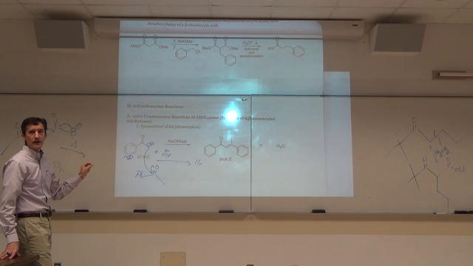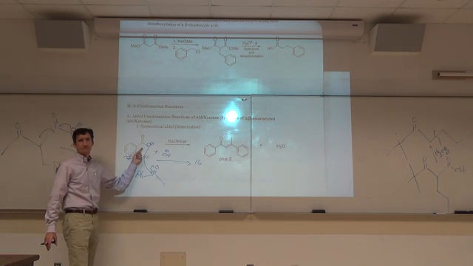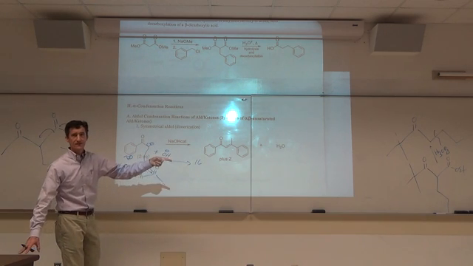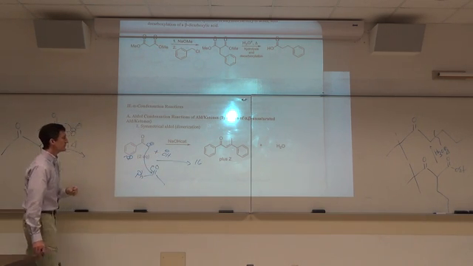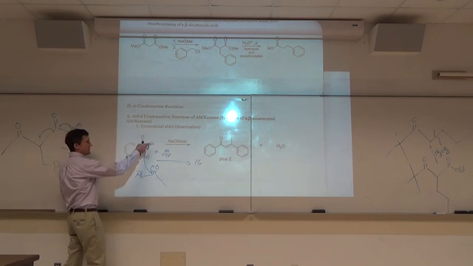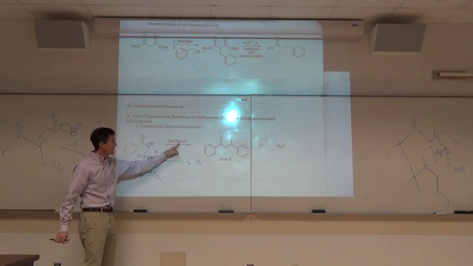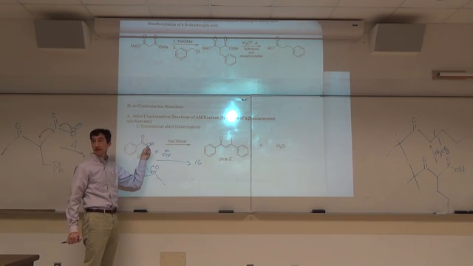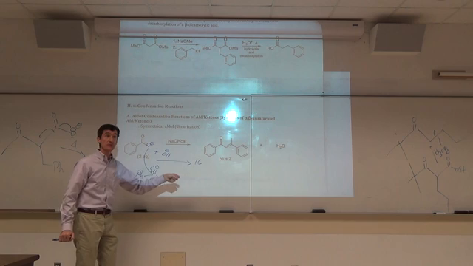So really, out of 10,000, only one of them is anion. The other 9,999 are actually neutral. So you have to remember your equilibrium there. Also, does hydroxide completely convert this to anion? No, that's why we had to use LDA if we wanted complete conversion to anion, right?